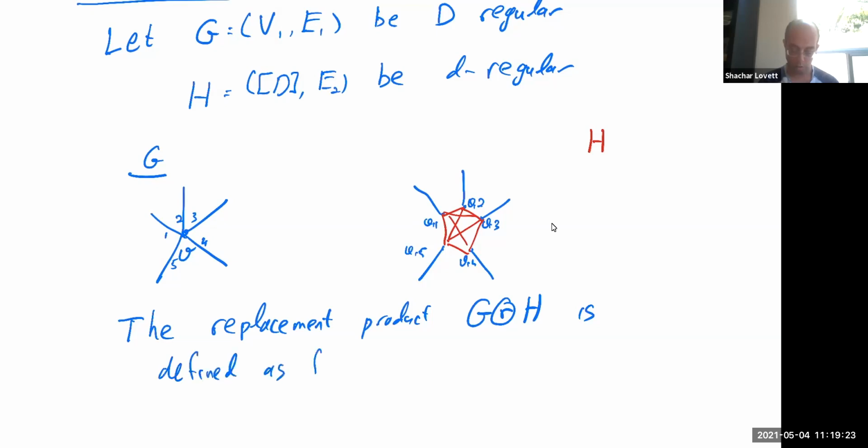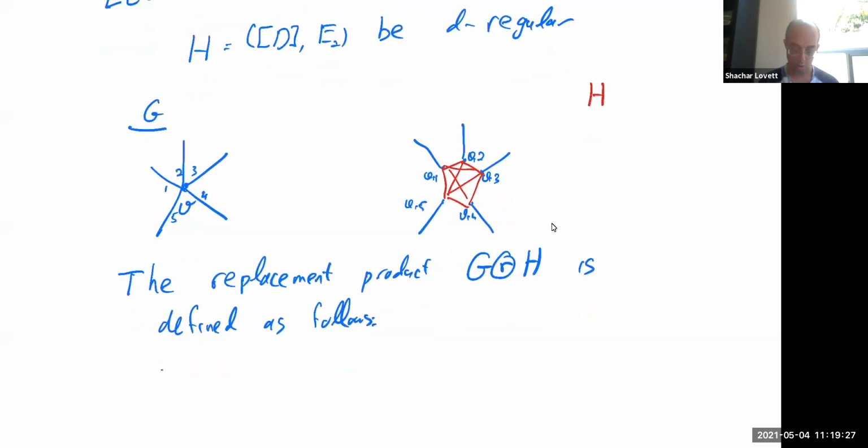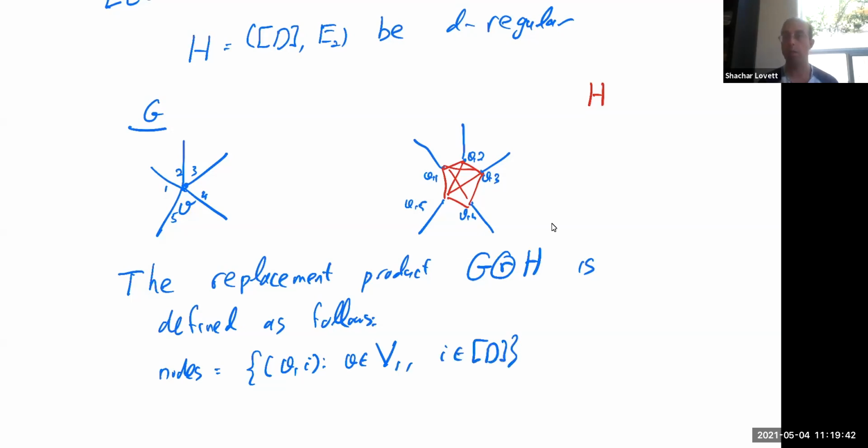Its nodes are going to be all the pairs V, I, where V is a node in the vertices of G, and I is a number between 1 and capital D, like we did here.